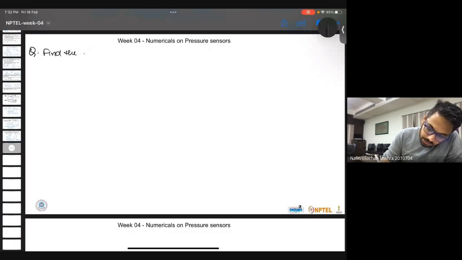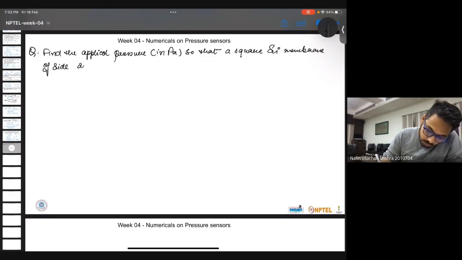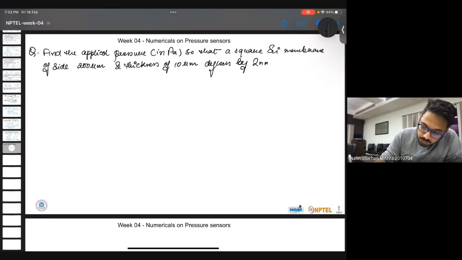Find the applied pressure in pascals so that a square silicon membrane of side 200 micrometer and thickness of 10 micrometer deflects by 2 nanometer.